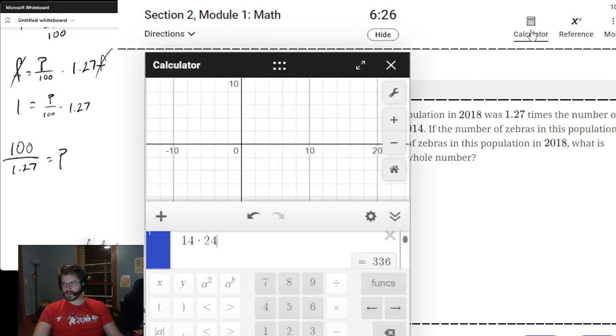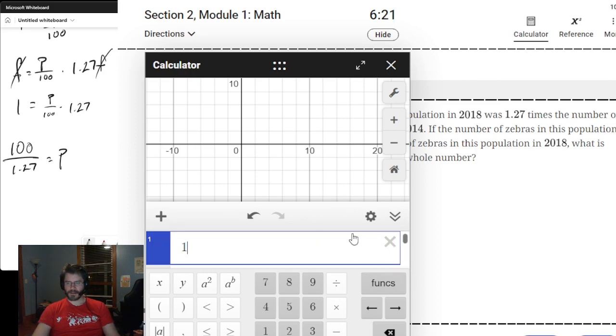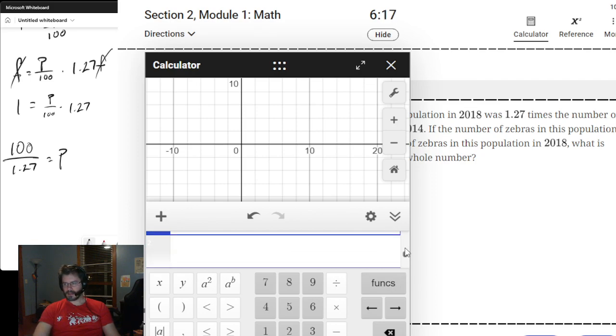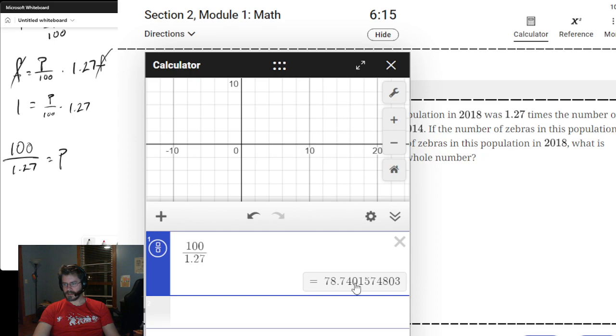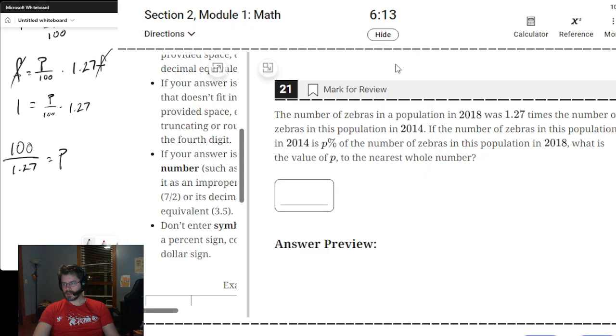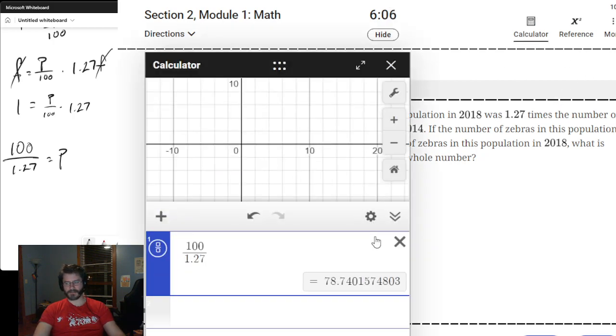And that is a Desmos activity. 100 divided by 1.27. And 78.74 to the nearest whole number, so 79. Just double check it. Desmos does save your work.